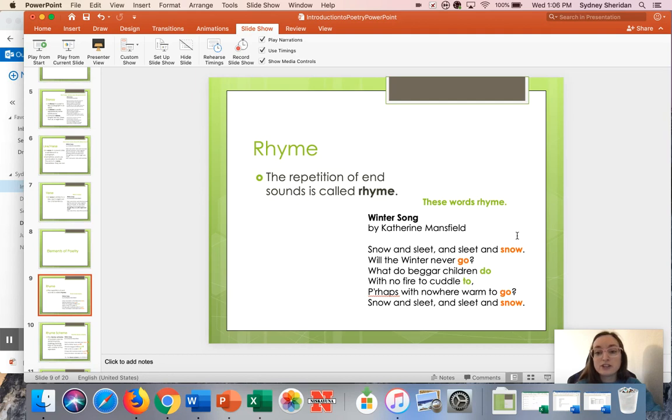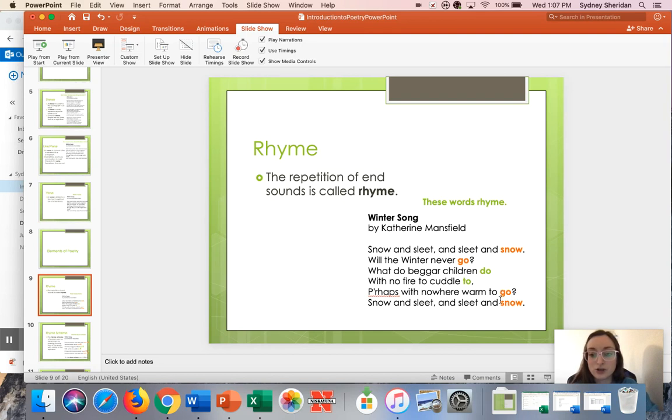But if I look at just the end, the last word of the lines, snow and go, rhyme. If I read my next lines, what do beggar children do with no fire to cuddle to? Do and to, the last words of the lines, they rhyme, right? Perhaps with nowhere warm to go, snow and sleet and snow.